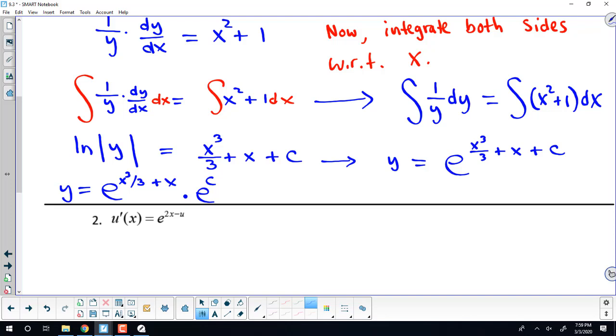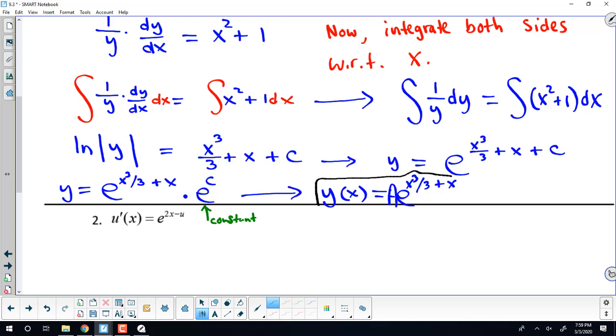And of course, e to the c is just some constant, right? So we call that a constant. Whatever you want to label your constant as, we have y of x equals e to this power times some constant. I'll just call it capital A. That's the solution to that differential equation.